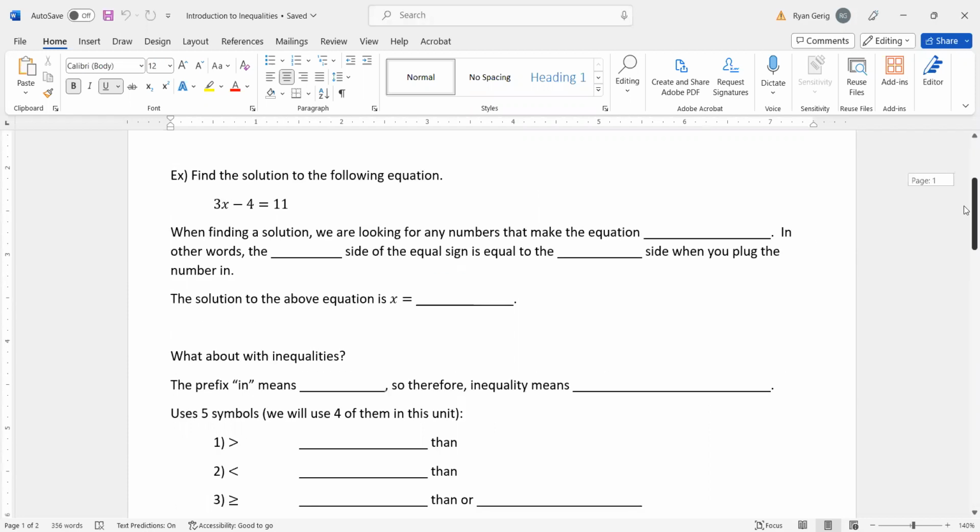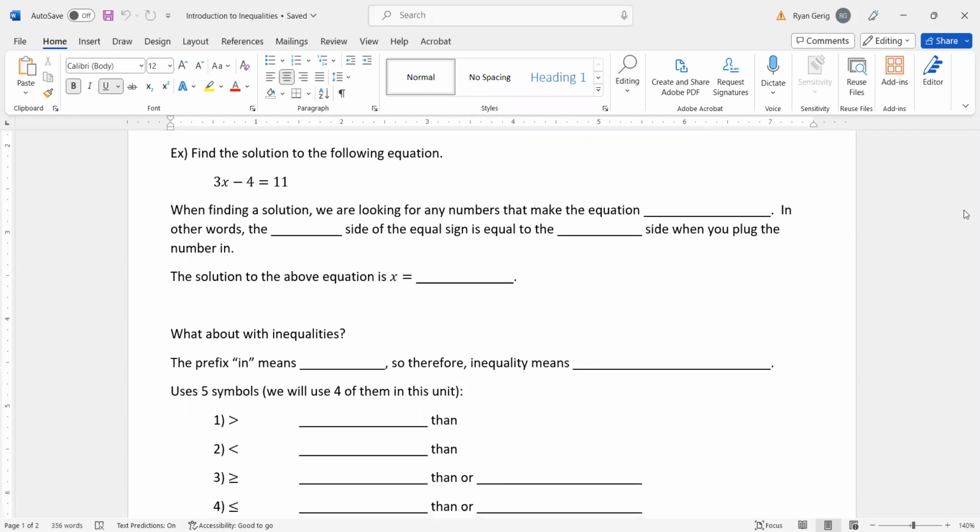So we're going to start with old stuff, equations, because I want to show you the difference between equations and inequalities. So finding the solution, we would add 4 and divide by 3, I get x equals 5, right? Nothing hard there. When finding a solution, we are looking for any numbers that make the equation true.